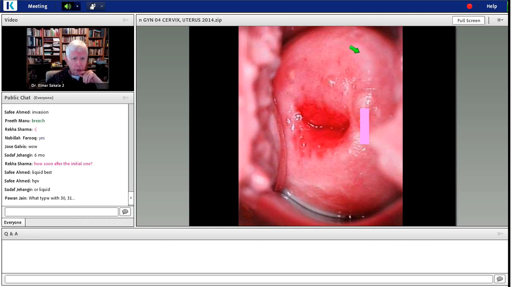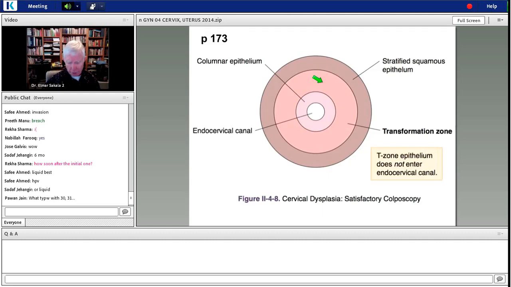So you know that probably the old squamous-columnar junction was out here, and the area in between is the T-zone. That's where the cervical dysplasia is most likely going to develop. So when you do your sampling, when you do your scraping, or when you use your brush, this is the area that you need to make sure that you include.